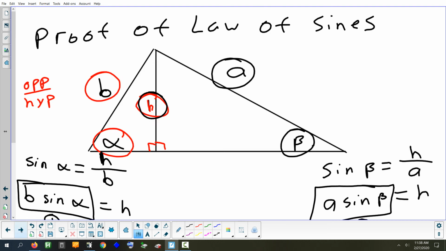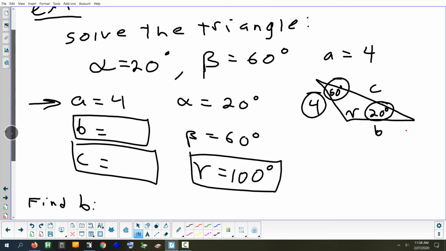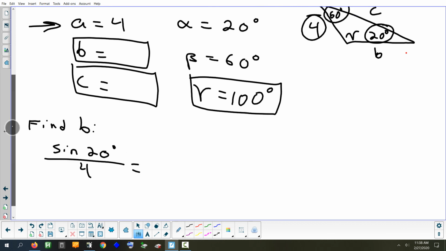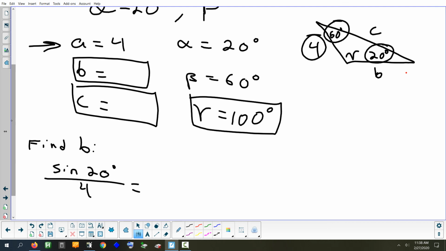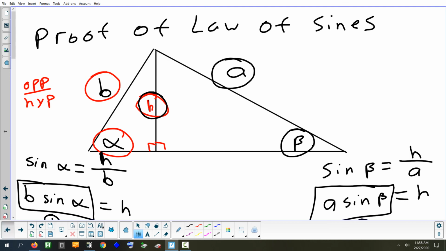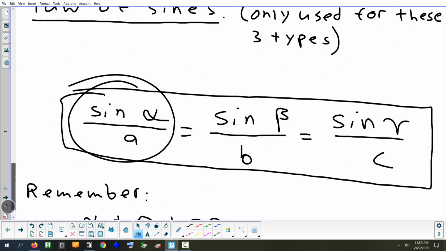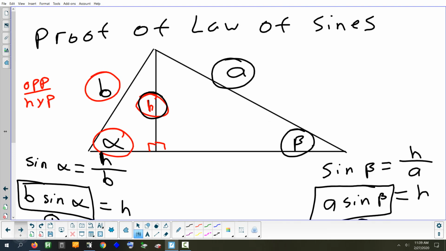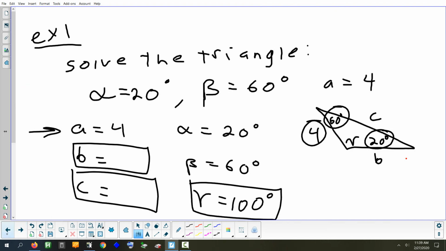Sine of alpha over A, sine of 20 over 4, equals. And now if you're finding B, use the part of your law of sines that has B: sine beta over B. So sine 60 over B.